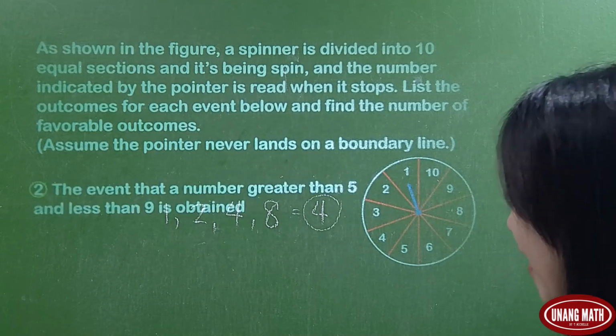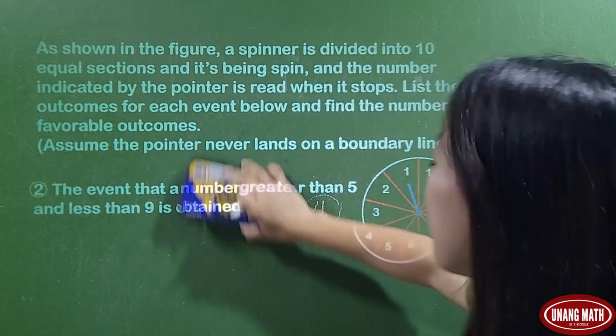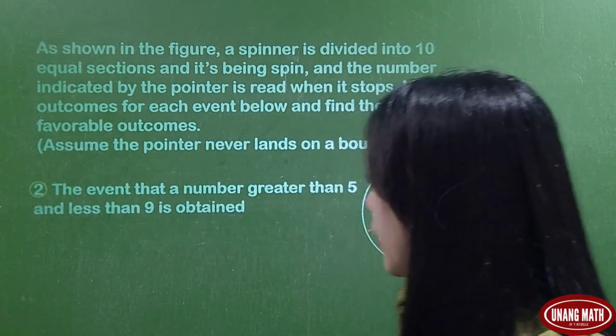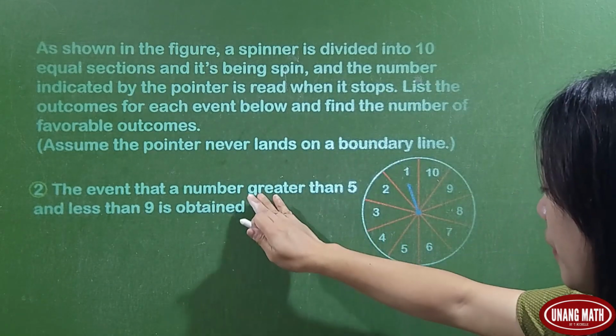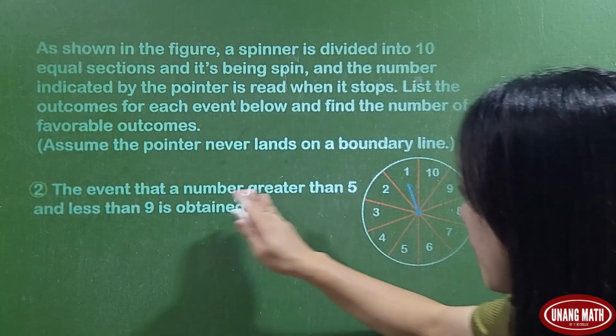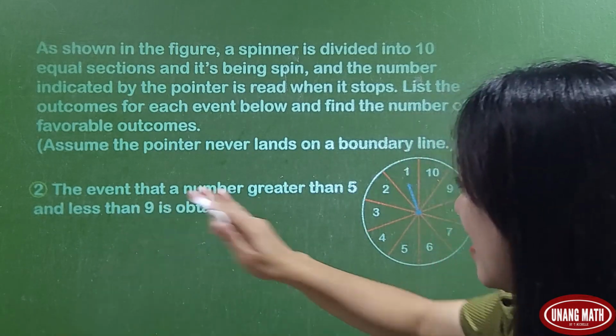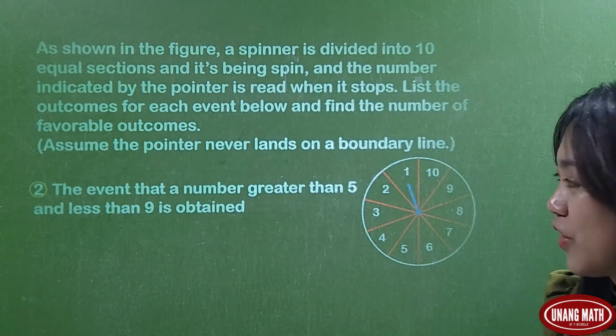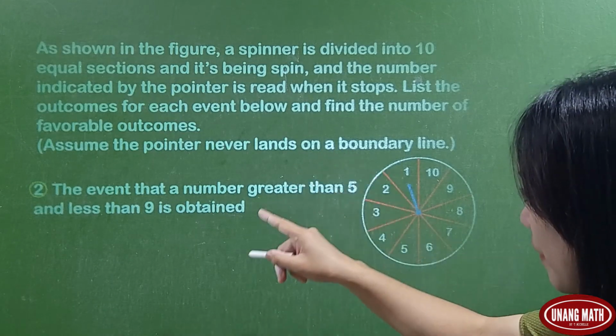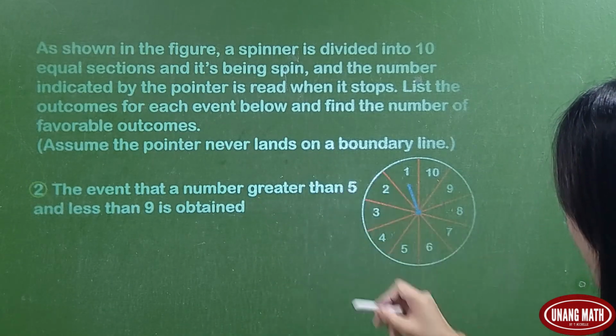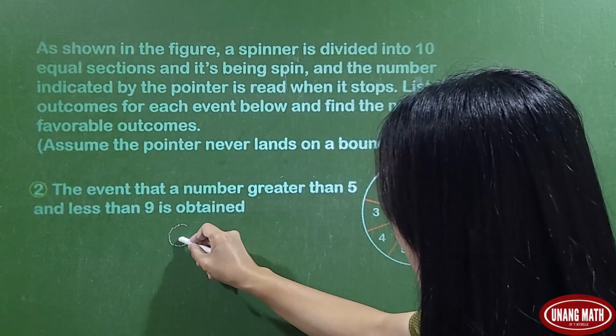Okay, we have this second event: the event that a number greater than 5 and less than 9 is obtained. So greater than 5 but less than 9. Greater than 5, possible 6.